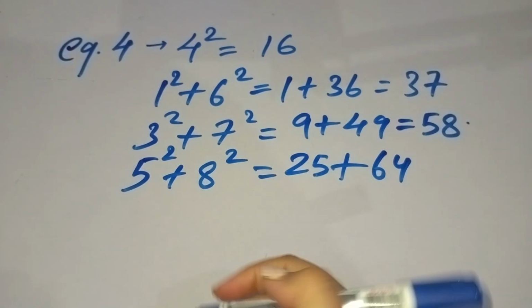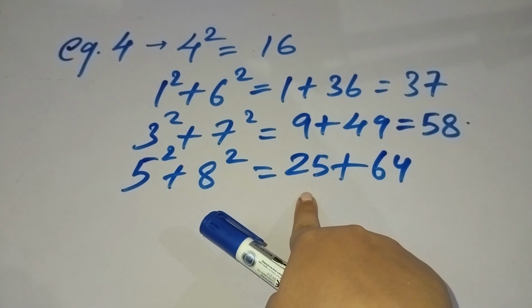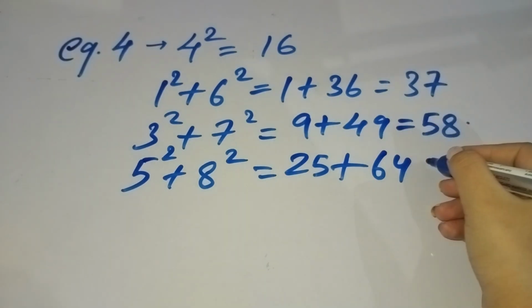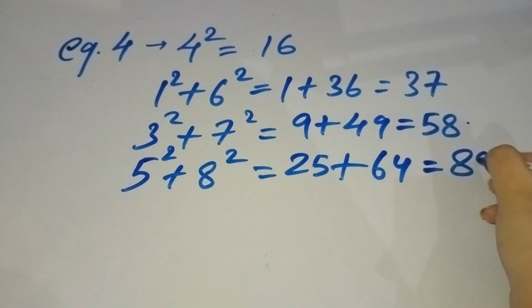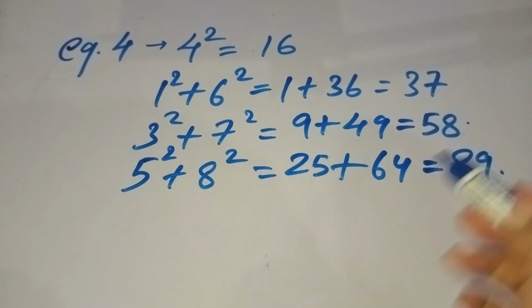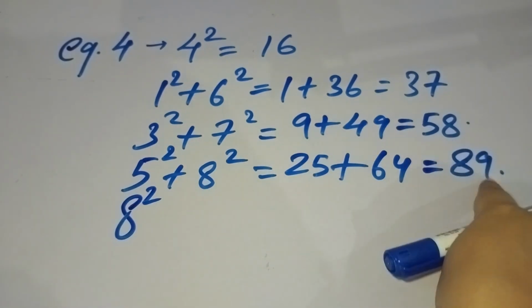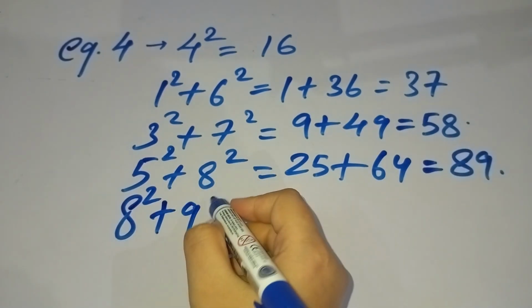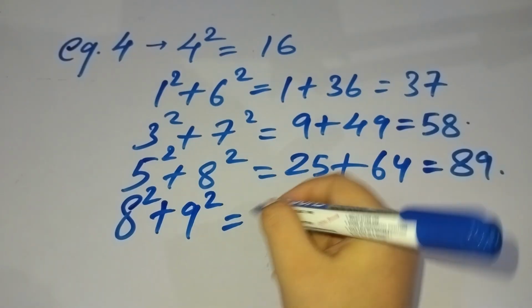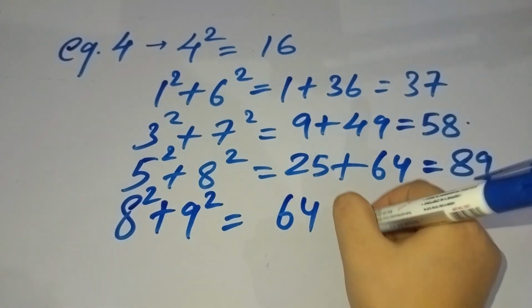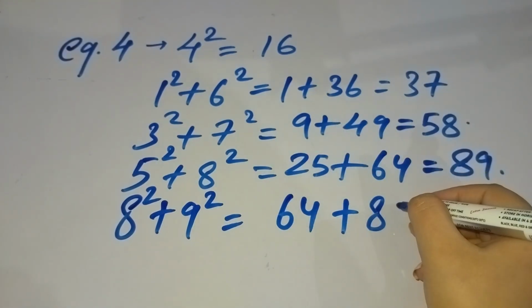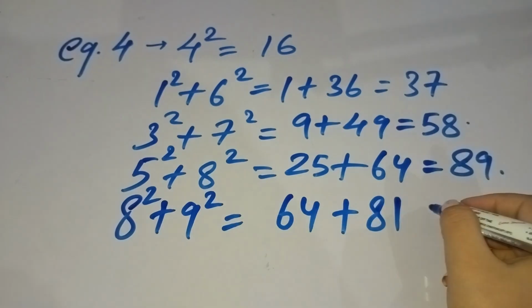So after adding, 25 plus 64 we'll get 89. Now 8 square plus 9 square. So 8 square is 64 plus 9 square is 81.